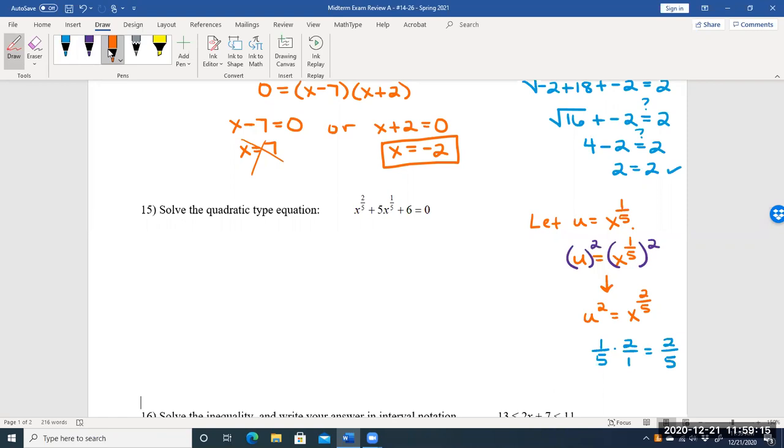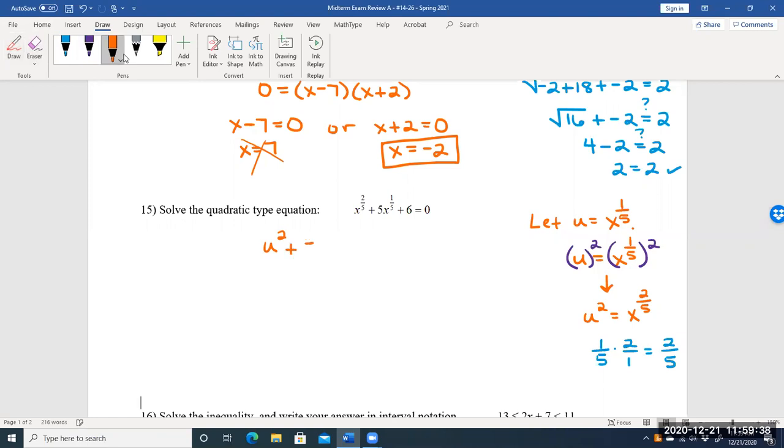So back to our original problem, now I'm going to make those substitutions. So my first term is an x to the 2/5, but x to the 2/5 is u squared. Got it right down over here. And then I have a plus 5x to the 1/5.